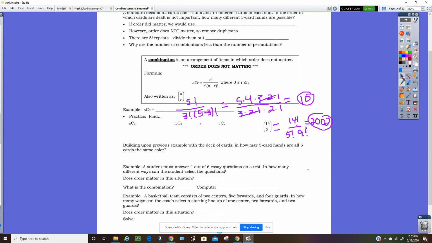Well, in a deck of cards, there's 13 of the same suit. So you're going to do 13 choose 5. Is 13 factorial over 5 factorial times 9 factorial.